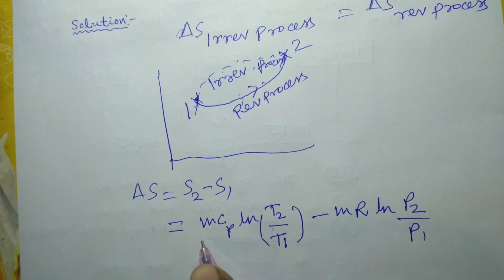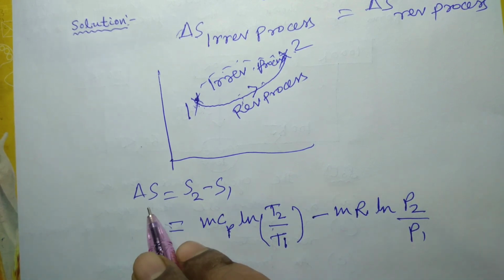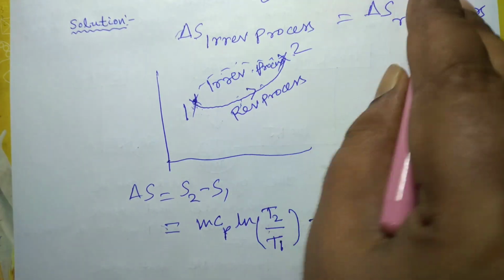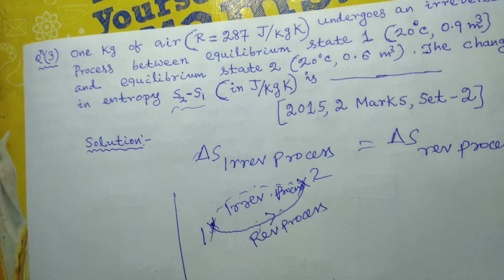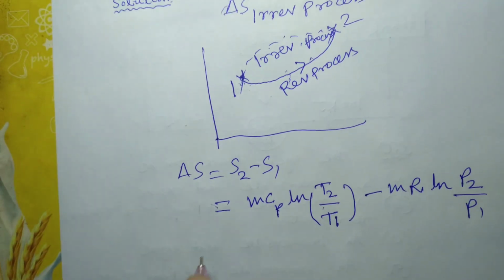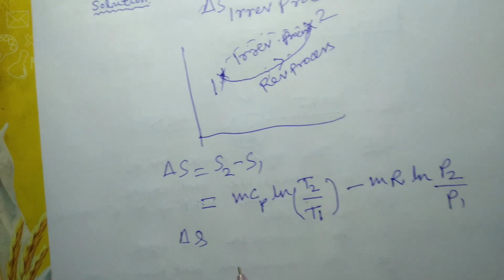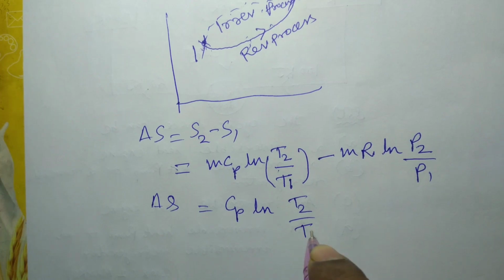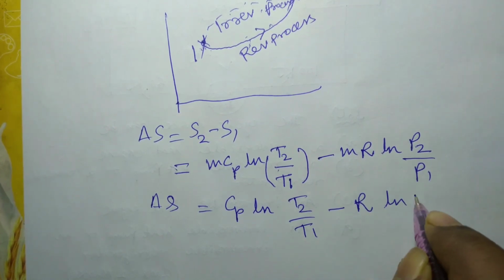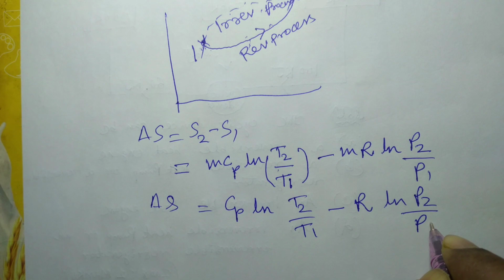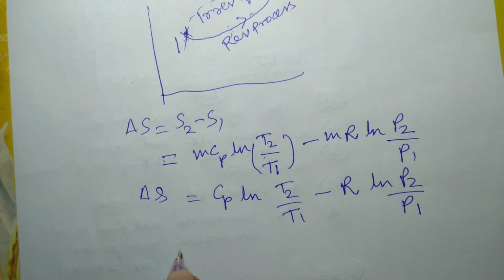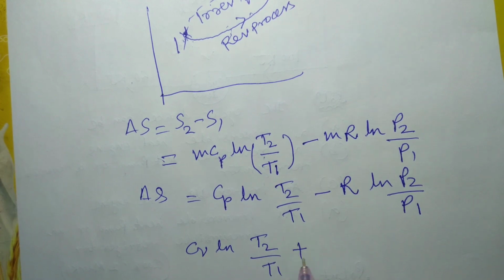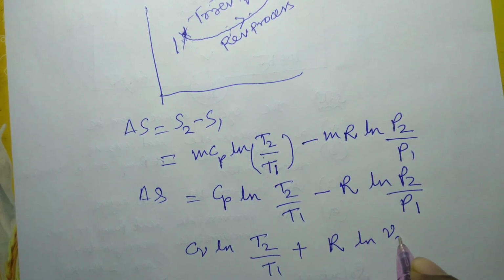This is for the change in total entropy, but we have to calculate the change in specific entropy because the unit is joule per kg Kelvin and the mass of air is 1 kg. So the change in specific entropy will be Cp ln T2 by T1 minus R ln P2 by P1, or I can use Cv ln T2 by T1 plus R ln V2 by V1.